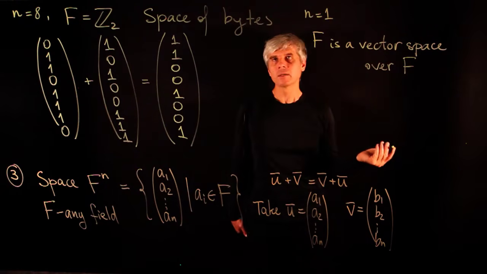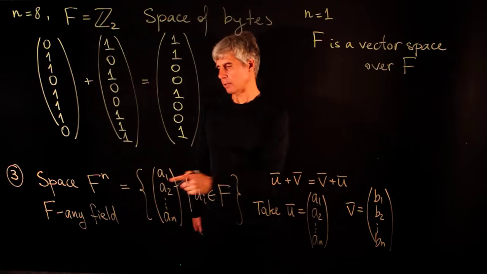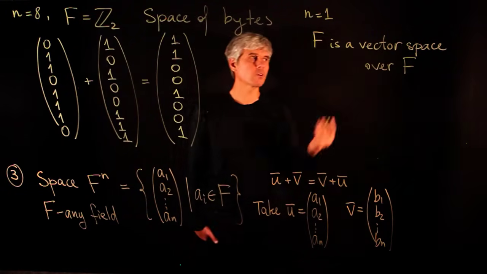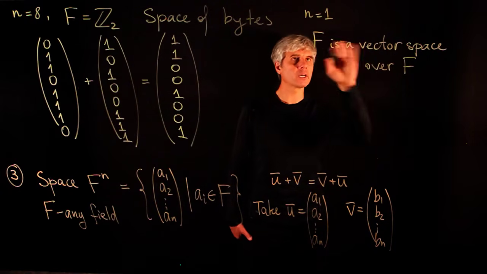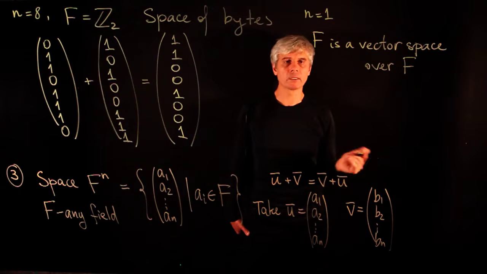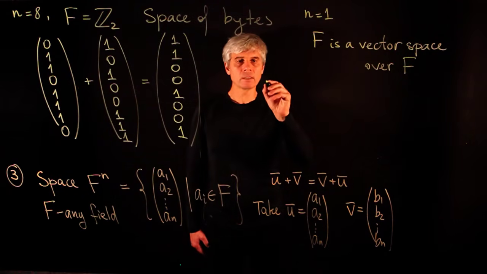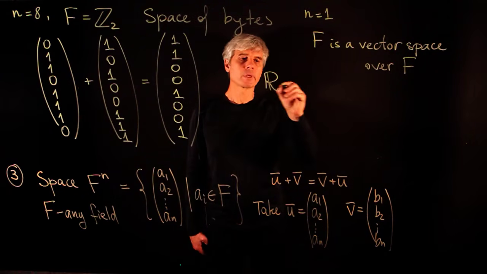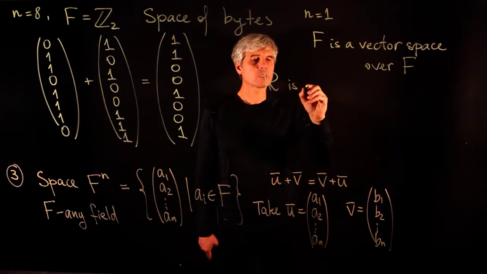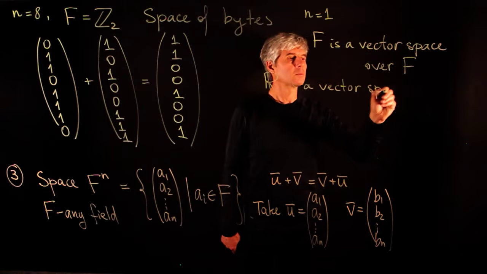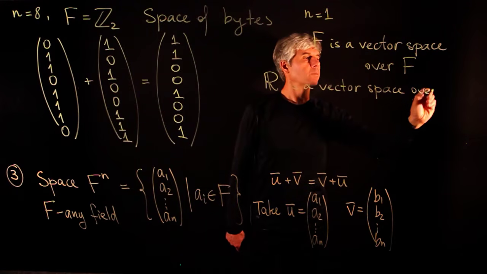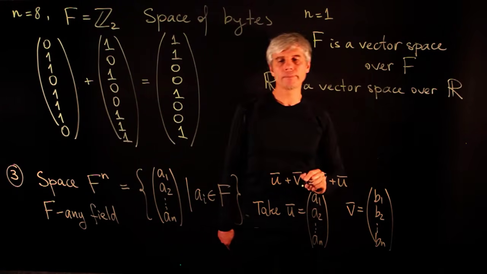And again, either we can refer to this construction or verify directly that all 8 axioms of a vector space will hold here. So in particular, R, the real numbers, is a vector space over the field of real numbers.